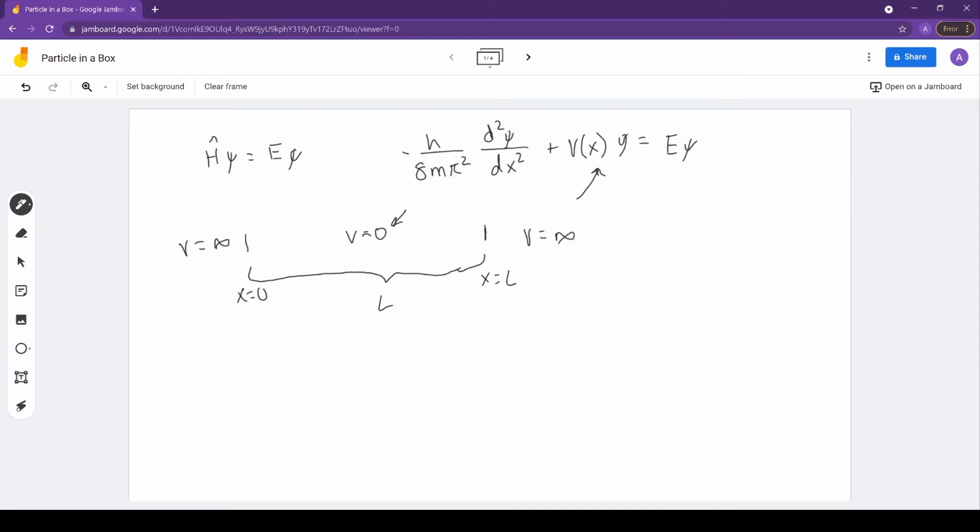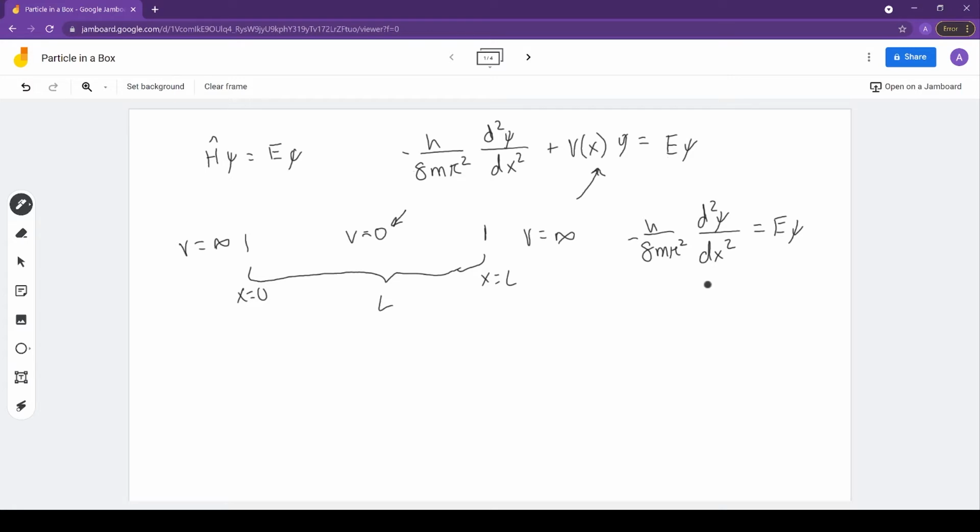We need to define the outside potential as infinity because that means there's an infinite barrier that the particle must overcome to be outside the box, which means the particle is confined to inside the box. Okay, so now we can simplify our Schrödinger equation to look like negative h over 8m pi squared times the second derivative of the wave function equals our energy times the wave function, because our potential is 0.